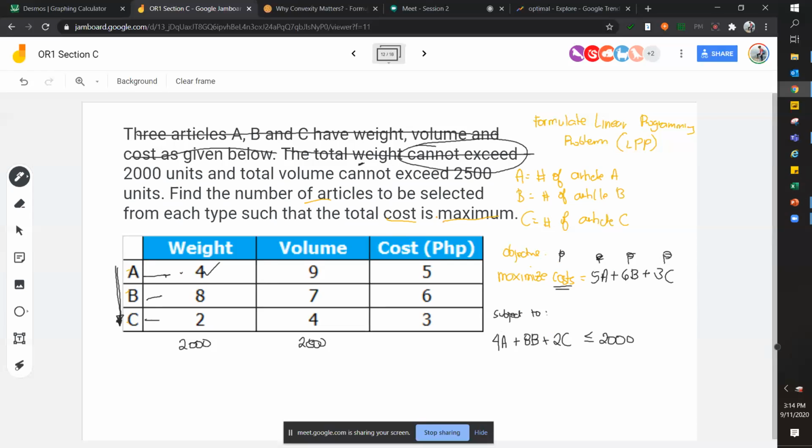Correct. So, nagamit na natin to. Nagamit na natin to. Next. Nagamit na rin natin to. Next. Line A. To 5. Okay. Next.